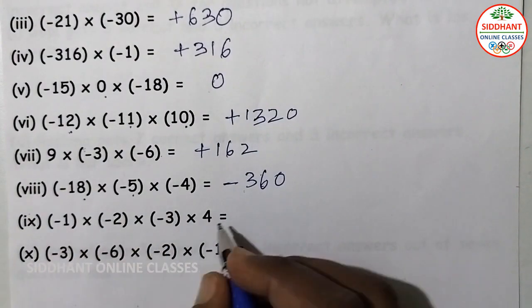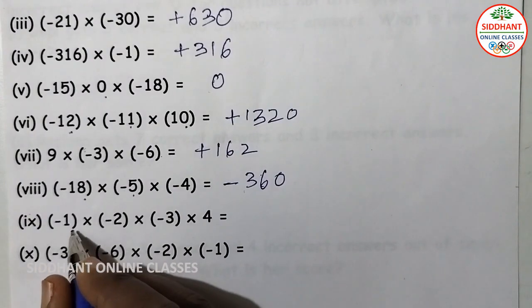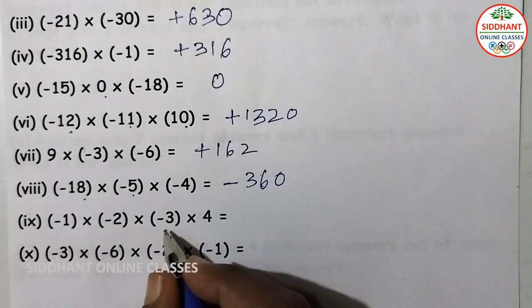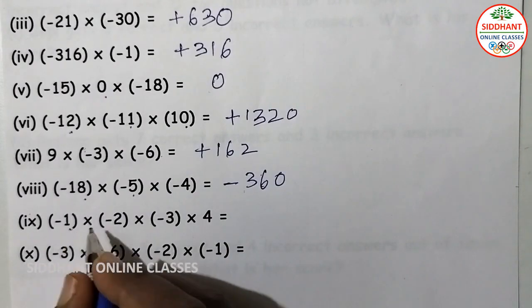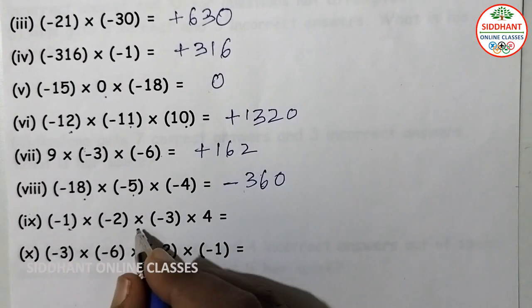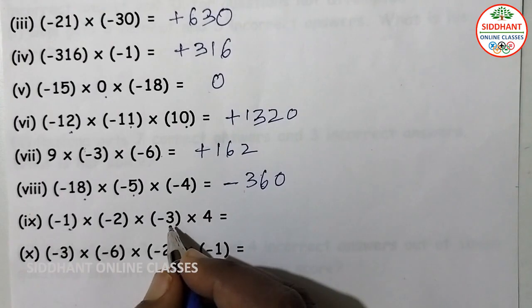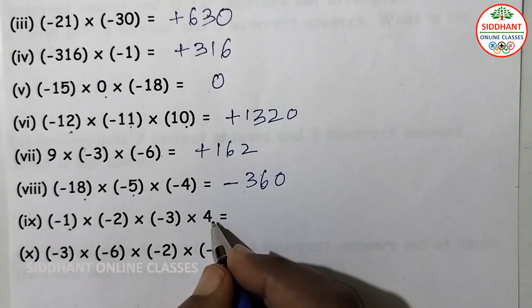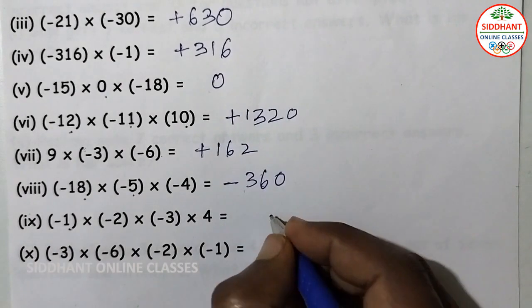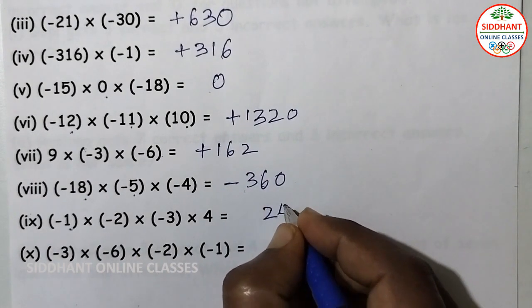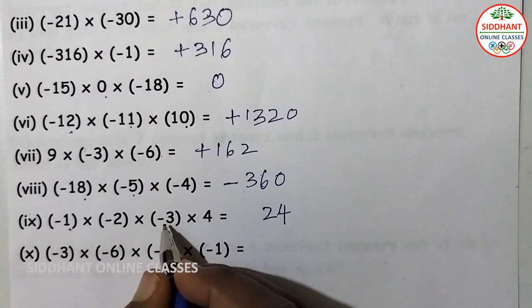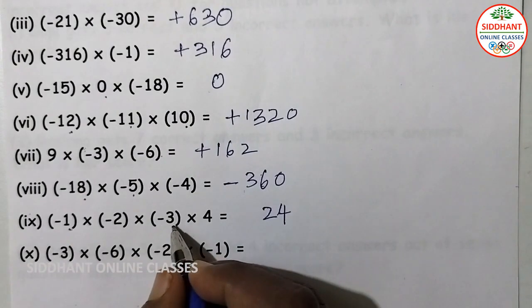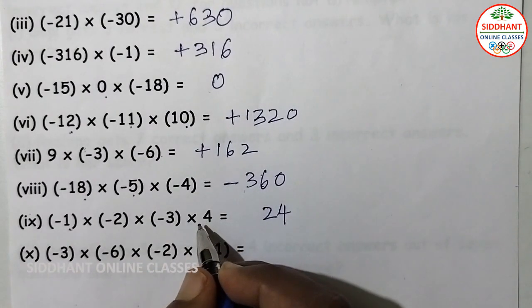Ninth one, minus 1 into minus 2 into minus 3 into 4. So here first 1 into 2, 2 into 3, 6 into 4, 24. Next, minus into minus plus, plus into minus minus, minus into plus minus.